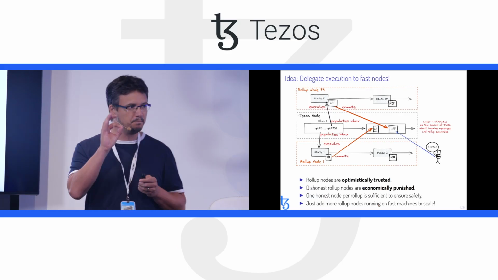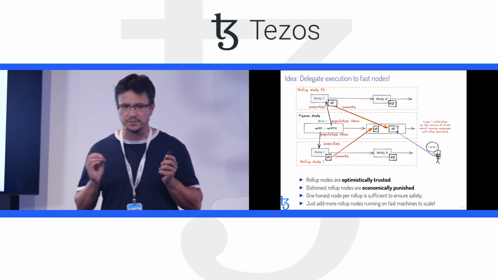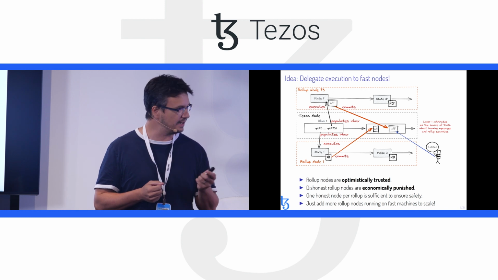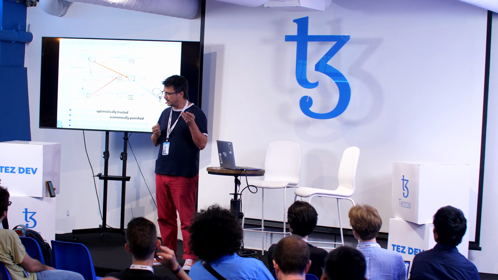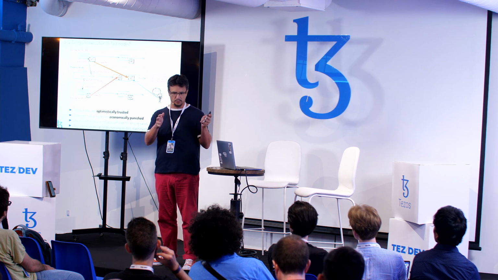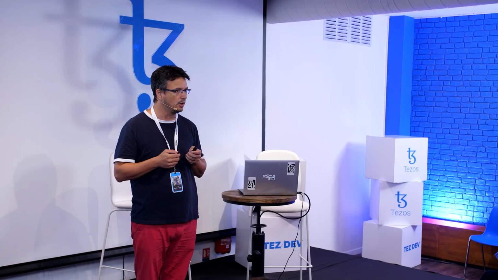The basic idea of optimistic rollups is to separate two concerns. One is to decide which will be the next operations to execute, and this part will stay as the responsibility of the layer 1. Okay, so the consensus will decide that, but the execution will be delegated to other CPUs, to layer 2 solutions that we call optimistic rollups.